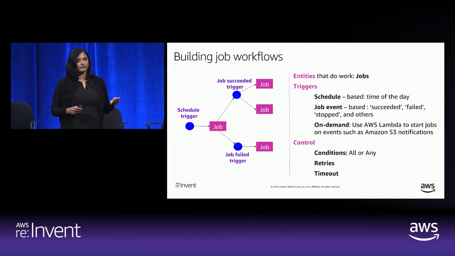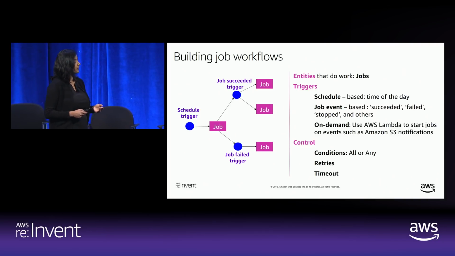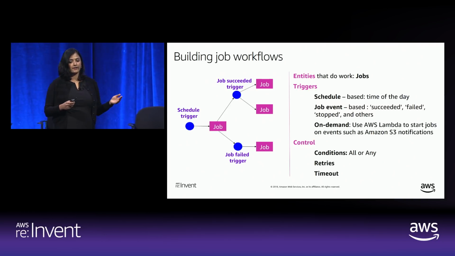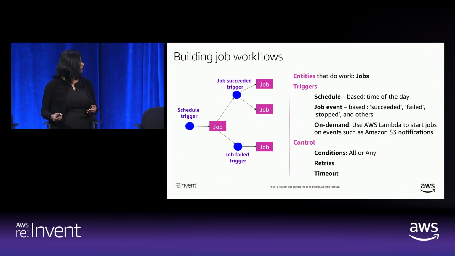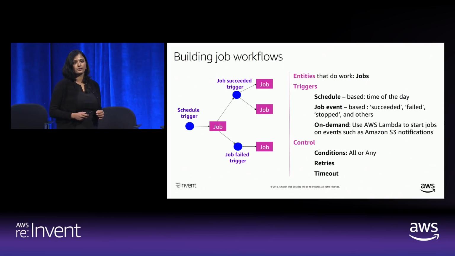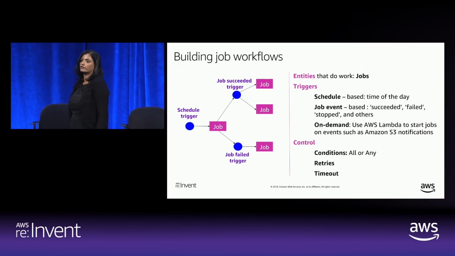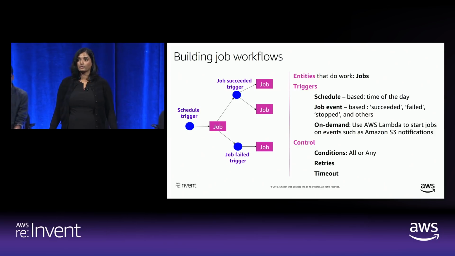We have job event-based triggers, which can watch for certain events from one or more jobs, and then trigger downstream jobs. And we also have on-demand triggers, which can be triggered through AWS Lambda on notifications such as the S3 put notifications.